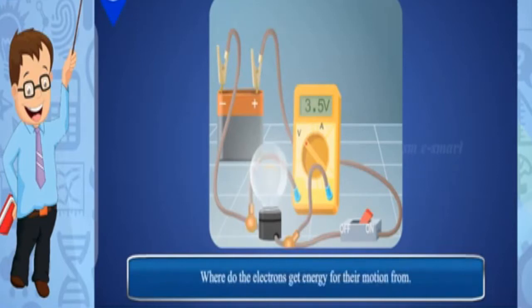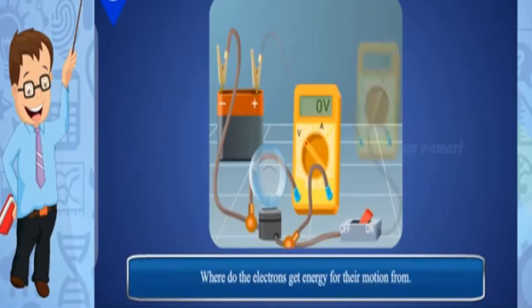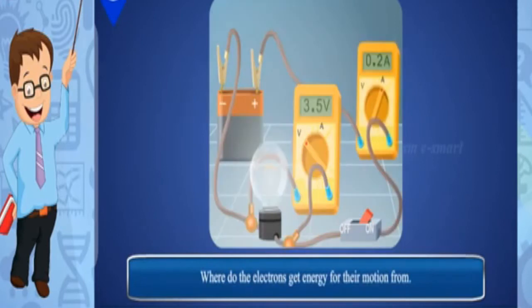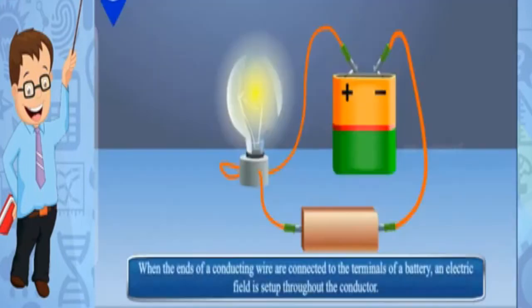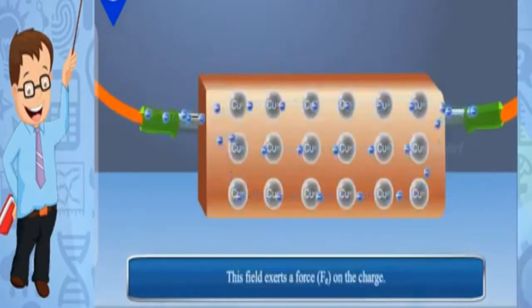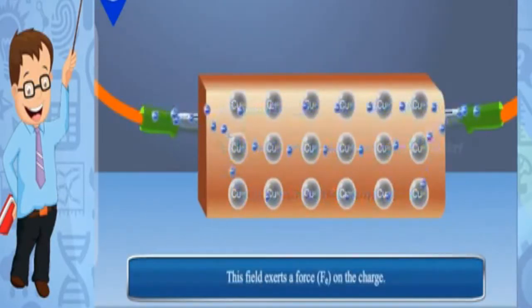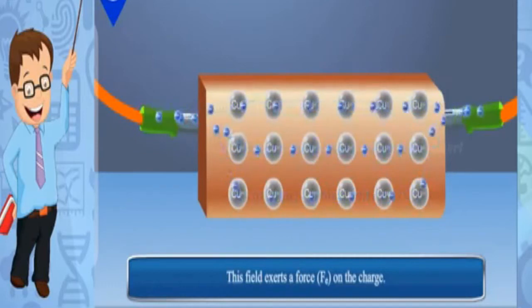Where do the electrons get energy for their motion from? Potential difference. When the ends of a conducting wire are connected to the terminals of a battery, an electric field is set up throughout the conductor. This field exerts a force denoted by Fe on the charge.